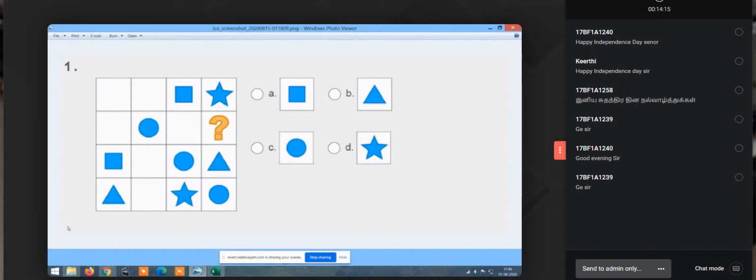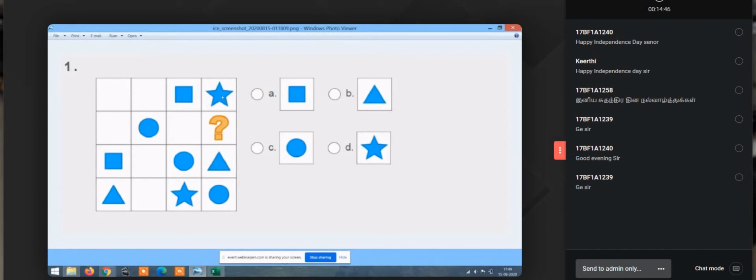What does it mean? If I say it another way, a symbol cannot repeat in the same row. For example, you have a square in the top row, right? Can you see that? In the first row, you have a square. You cannot have a square in 1 comma 1 and 1 comma 2, because in the first row you already have a square.